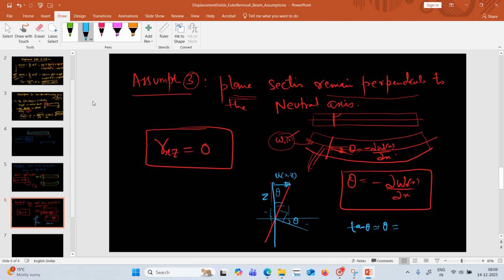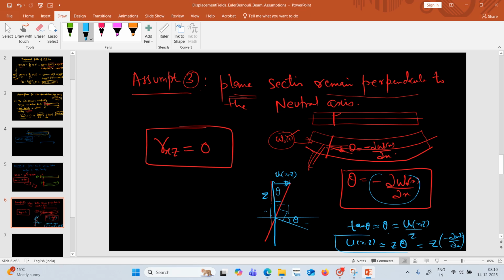P is u of x comma z, and b is z. So u of x comma z finally would be z times theta, and theta you have already found from geometry as minus del w by del x. This is what we are getting from the geometry.